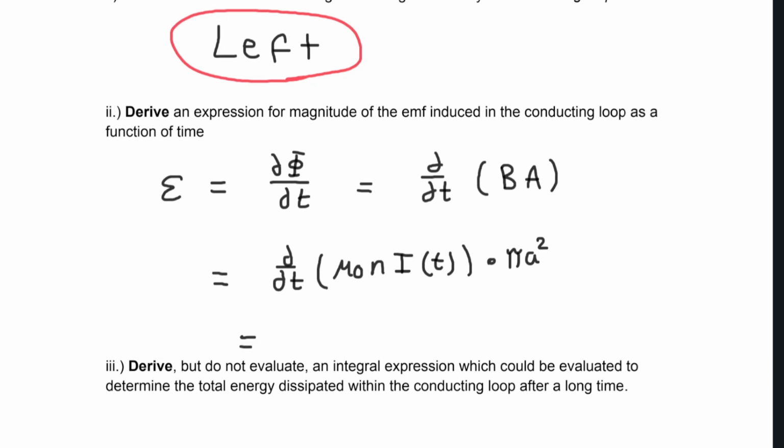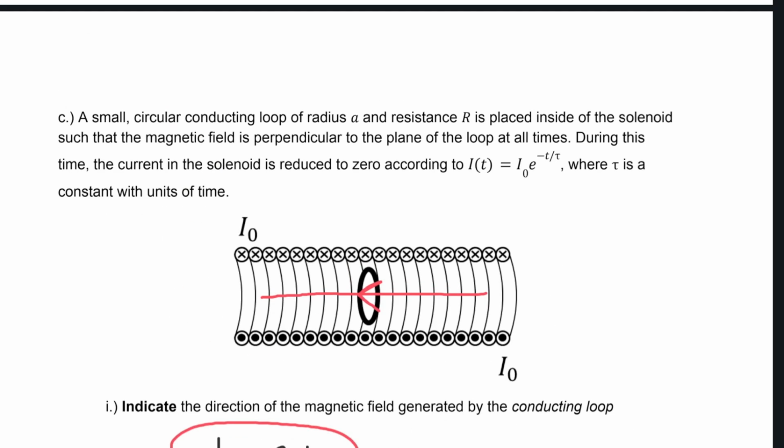Everything is constant except for the current, so this is mu naught n times pi a squared times dI/dt. Looking at what dI/dt will be, it's I0 e to the minus t over tau.